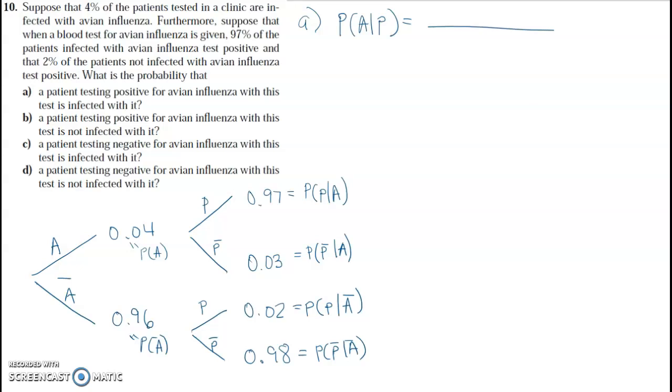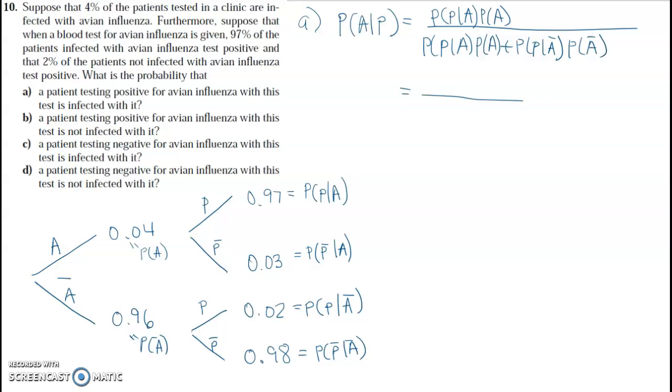Using the Bayes theorem, this is P of positive given A times P of A, over the same thing plus P of positive given not A times P of not A.